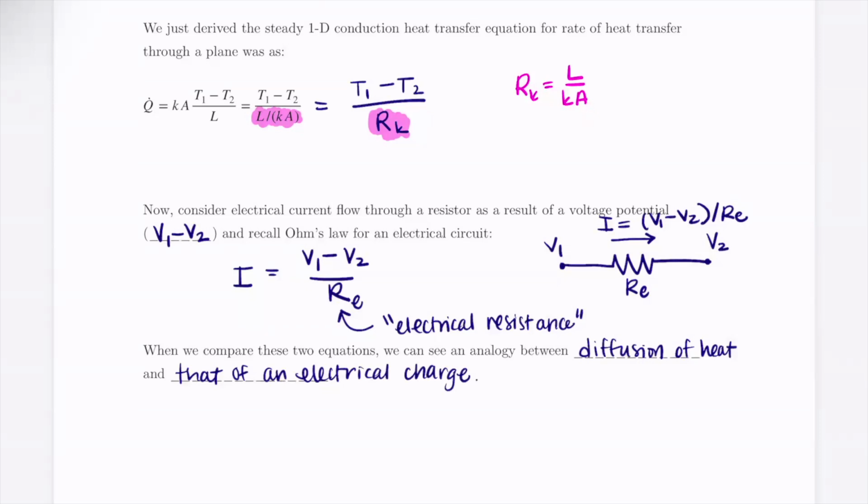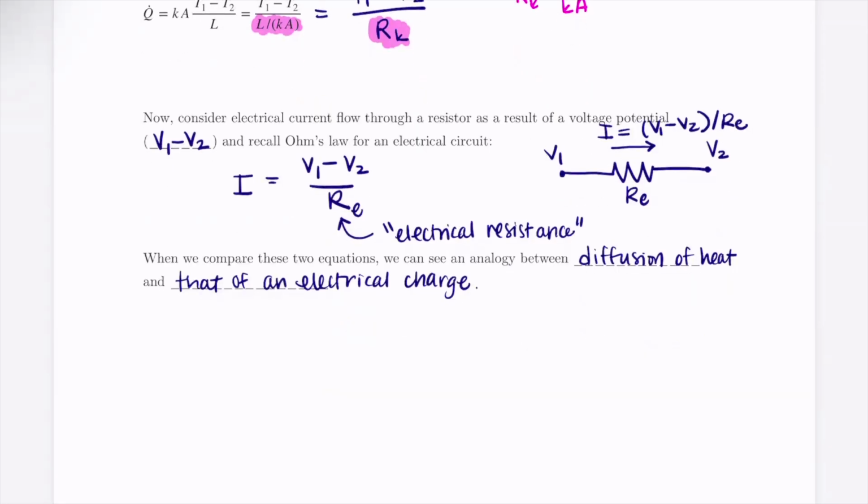And so just like electrical resistance is associated with the conduction of electricity, thermal resistance is also associated with the conduction of heat. And so with this analogy, we have that Q dot is essentially equivalent to electrical current I, which I guess I didn't write down. So this is electrical current.